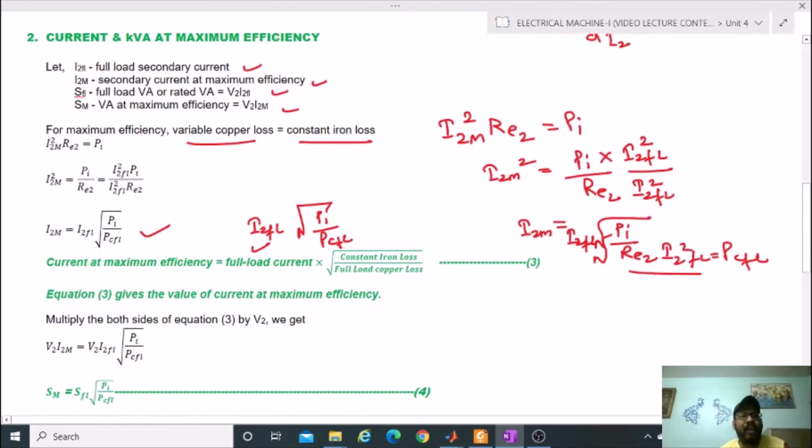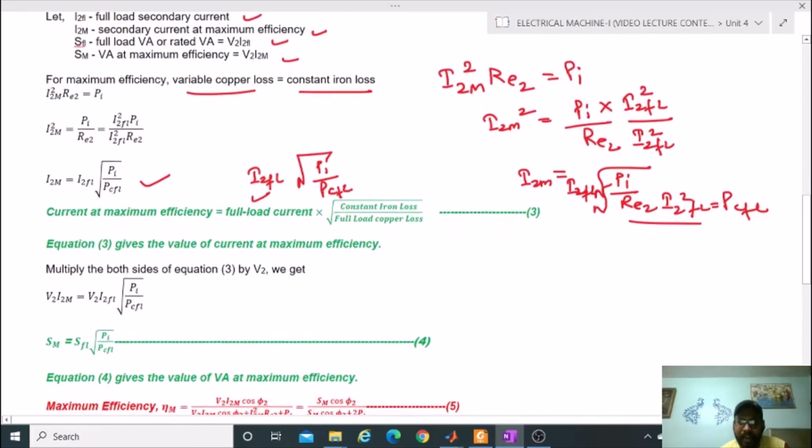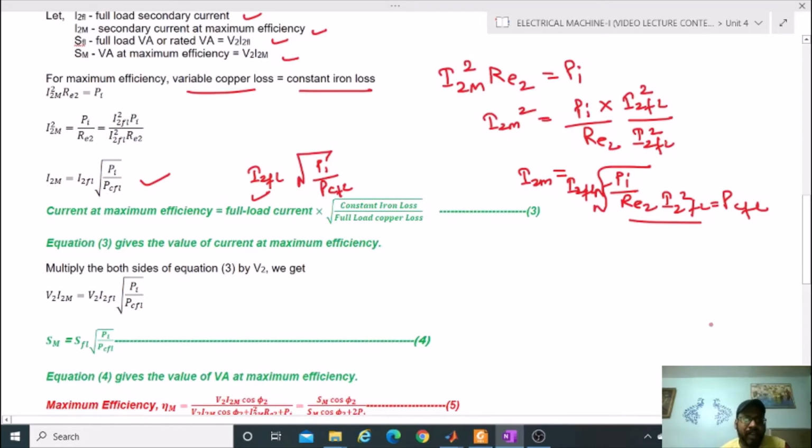Similarly, we can derive the value of kVA at maximum efficiency. For that, we will just multiply this equation by V2.